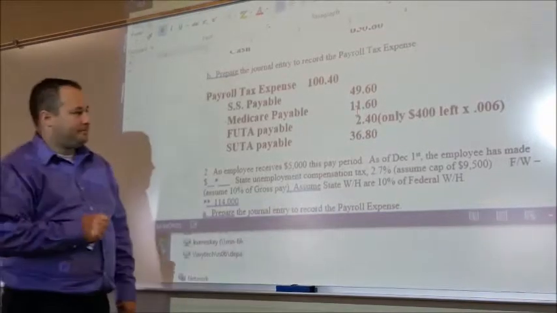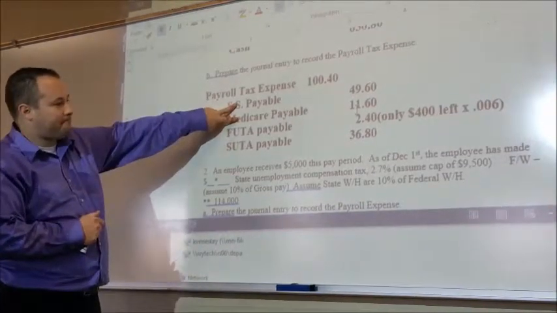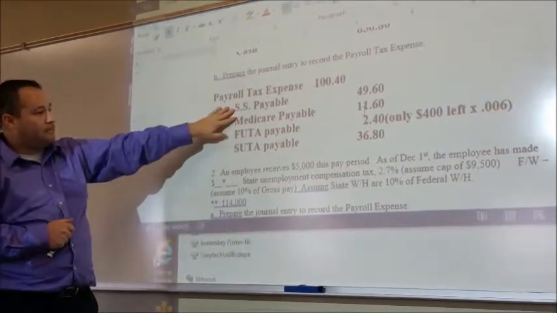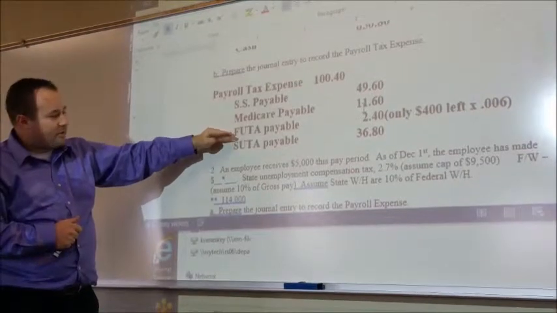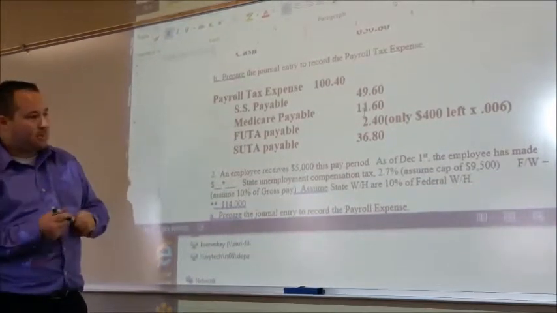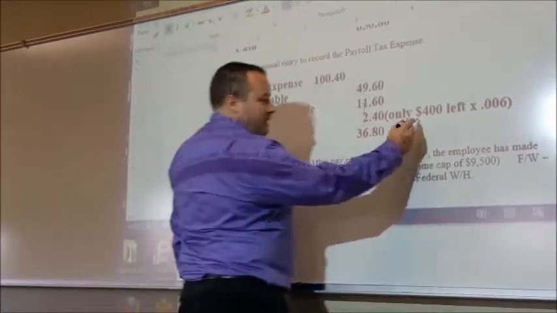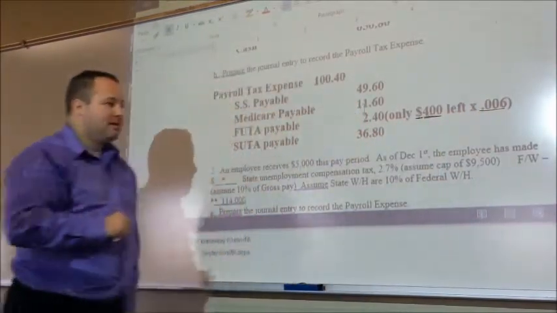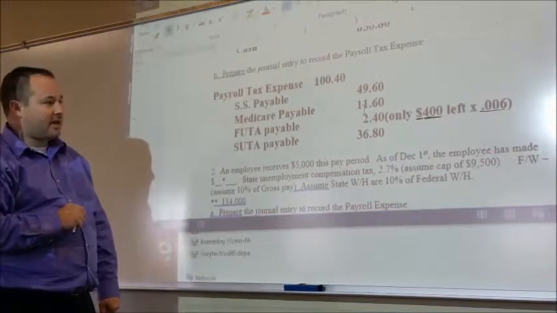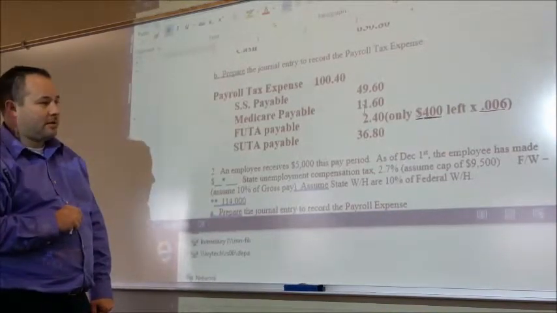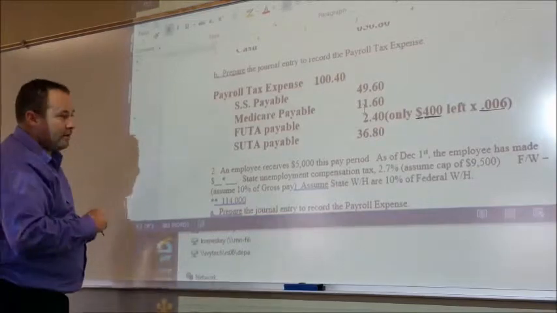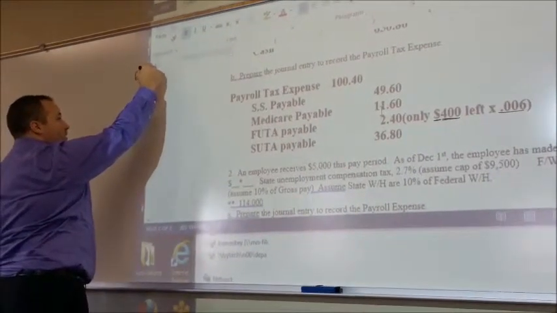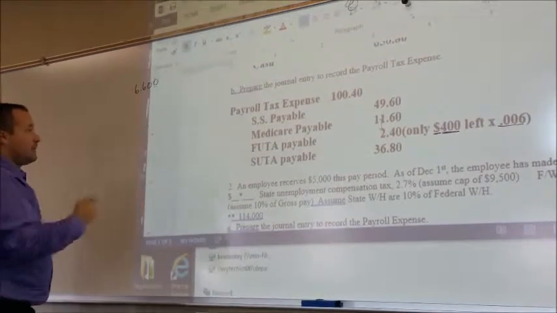With part B, of course these are the same as our lecture example and what we just had up there in part A. What comes different is here in FUTA. I only multiplied the 0.06 by 400 and not $800 like everything else, because we earned 800. The reason it's only 400 is I have to go back and remember that I had $6,600 already earned.